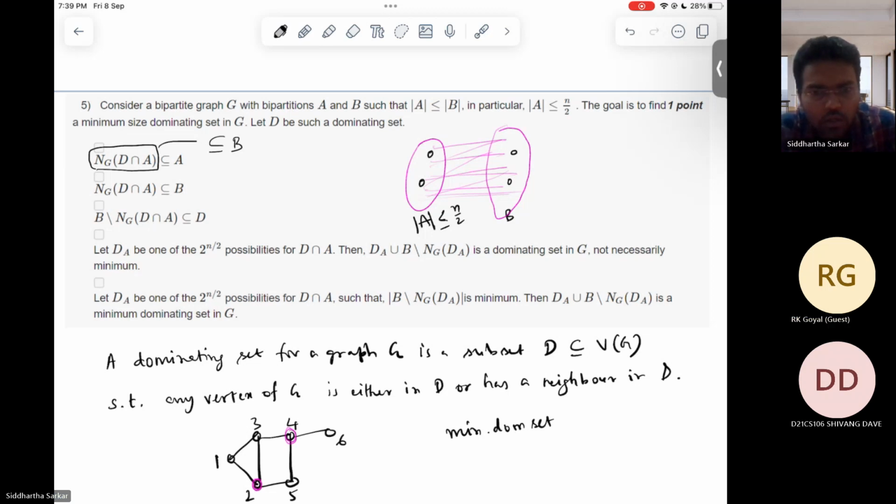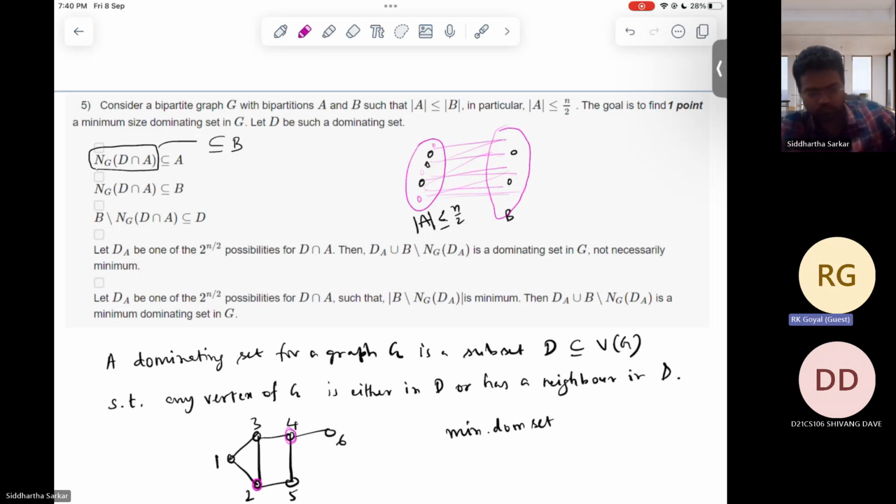See, I actually could not understand this, because D intersection A means the elements which are common to D and A. So let us assume D has some vertices from A, not all vertices of A, and some of the vertices of B, which are the neighbors of the vertices of A. Correct. Since some of the vertices are part of D, and if I take the intersection with the full vertices, the result would be some of the vertices.